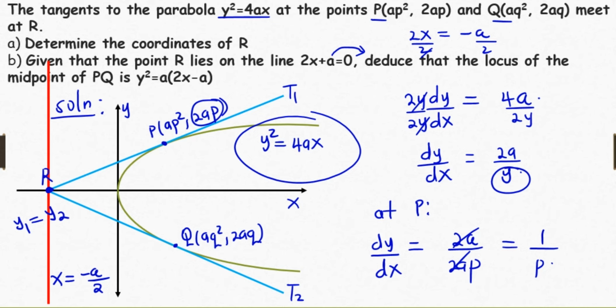Let's proceed. They told us that given that the point R lies on the line 2x plus a equal to 0, deduce that the locus of the midpoint of PQ. So let's indicate PQ. This is P and this is Q. Deduce that the locus of the midpoint of PQ is this one. So in the first place, we have to find the midpoint of PQ.